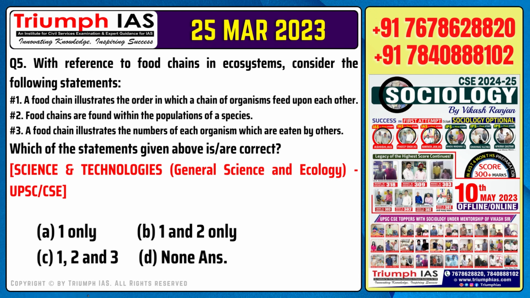A food chain illustrates the numbers of each organism which are eaten by others. Which of the statements given above are correct? Option 1. 1 only. Option 2. 1 and 2 only. Option 3. 1, 2 and 3. Option 4. None.